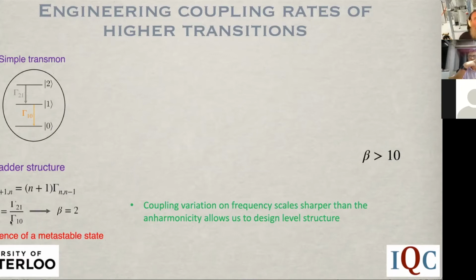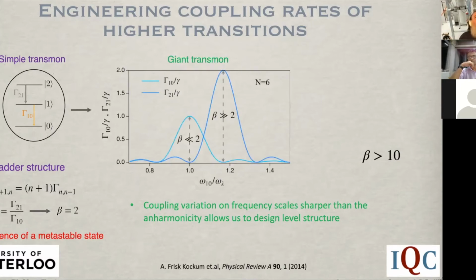Just because I'll mention it a few times, I'll define this ratio beta as the ratio of these 2 relaxation rates. But as I mentioned, because I can make this very sharp dependence, we could imagine that I can design my coupling points such that I have, say, constructive interference of the emission at the 1-0 frequency, while I have destructive interference at the 2-1 transition.